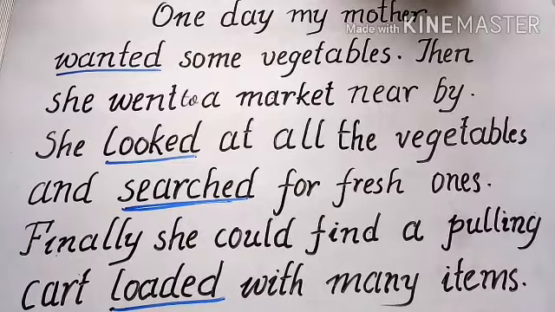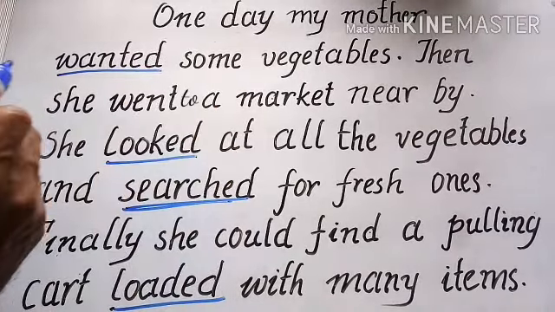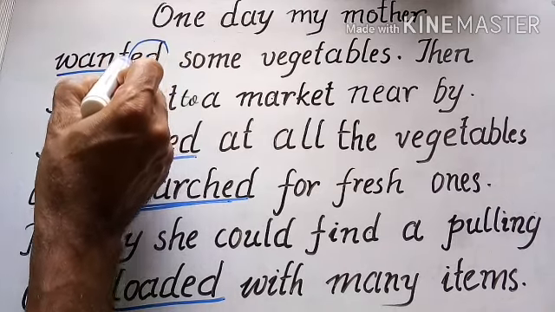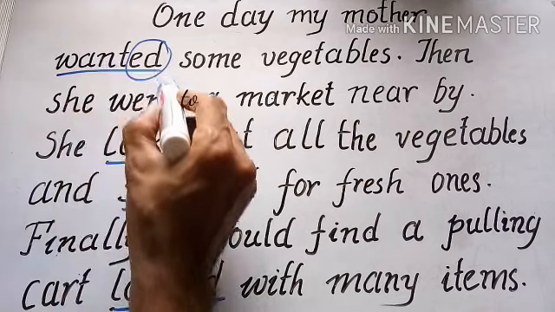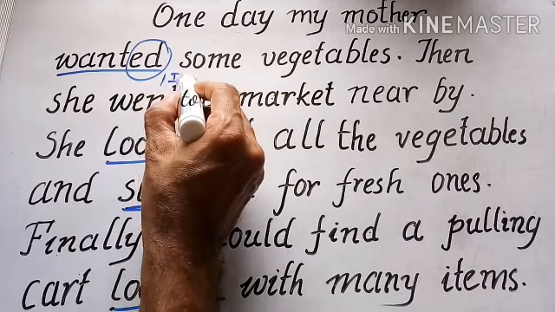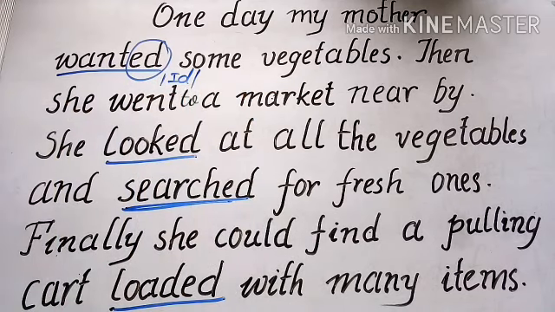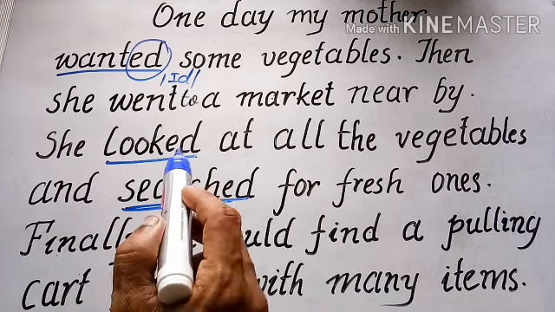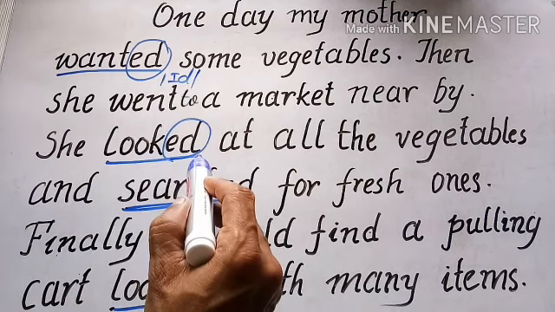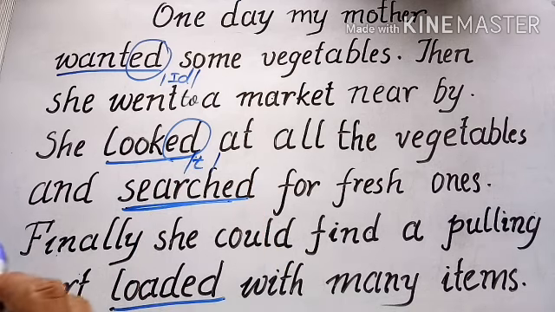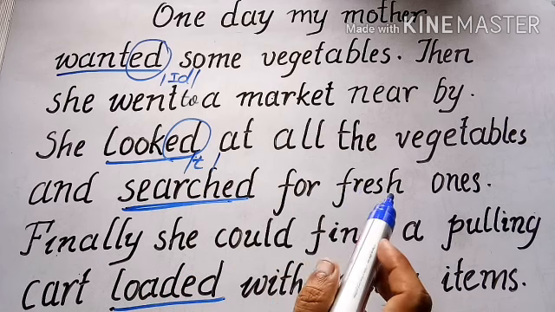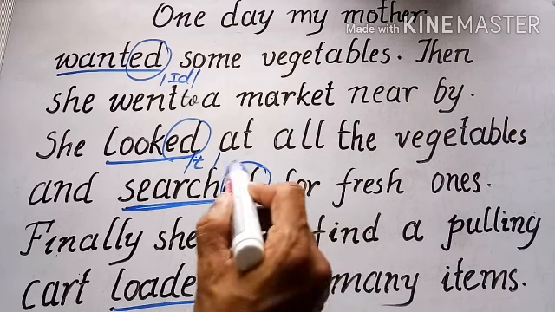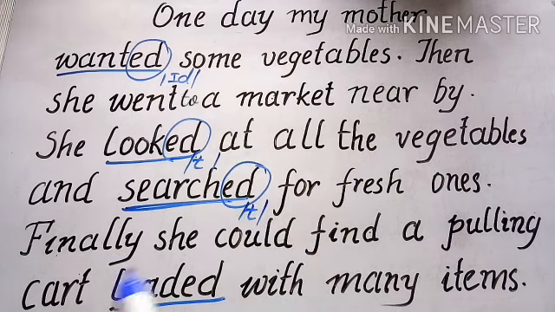Let us see the pronunciation once again. Here the suffix ed is pronounced as id in wanted. Next, she looked, this ed is t, looked. And searched for the vegetables, this ed is t, searched, not searched.